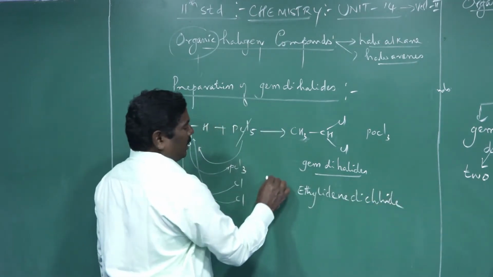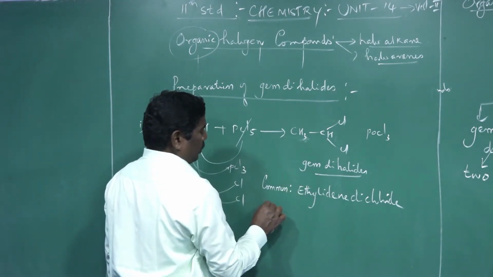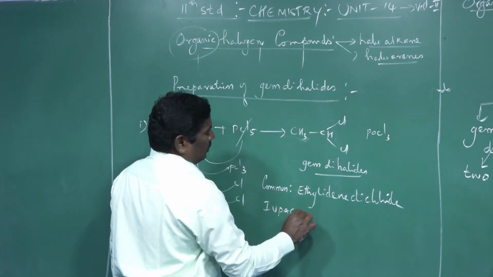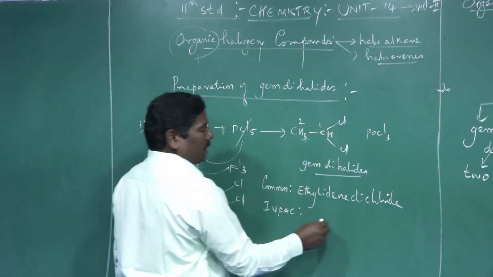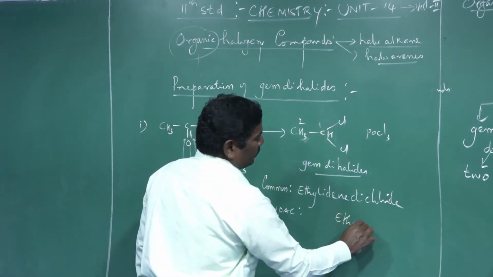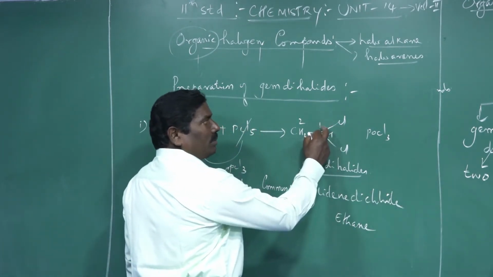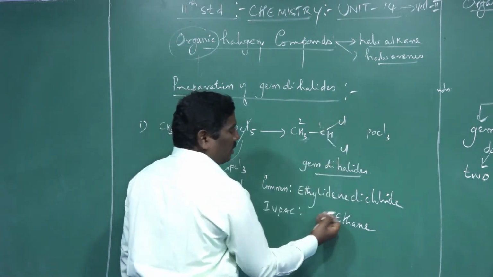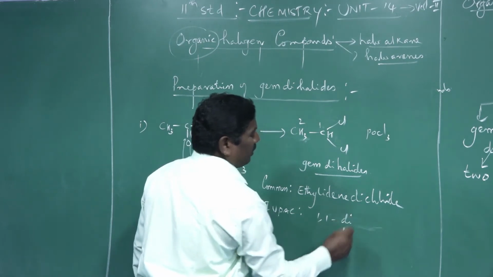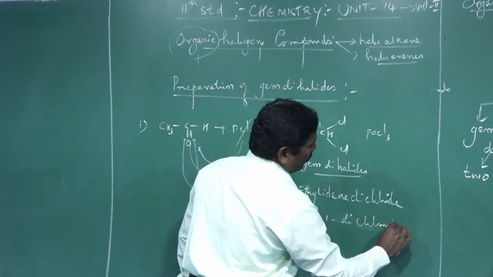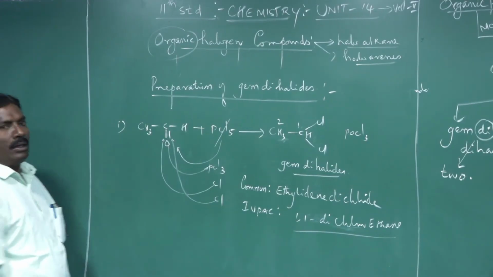The IUPAC name: it contains two carbons, so it is ethane, and the first carbon has two chlorines, so we write 1,1-dichloroethane.